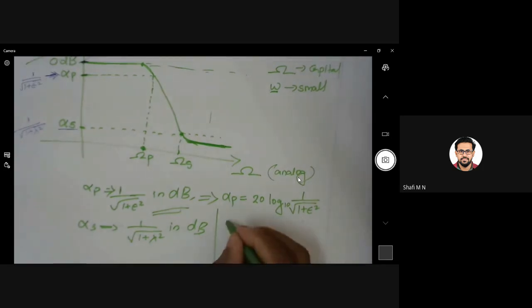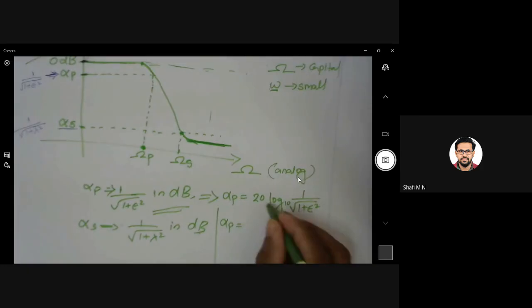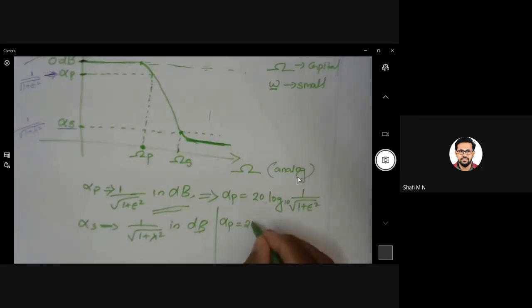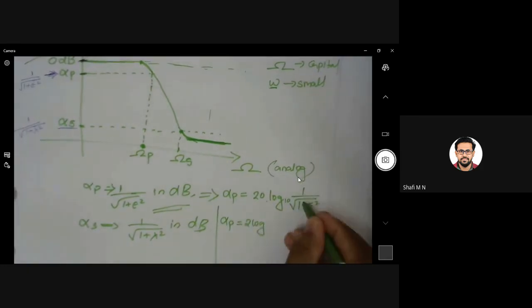You can write alpha P is equal to 20 log 1 by root of 1 plus epsilon square. Log A by B is log A minus log B. So 20 log 1 minus 20 log root of 1 plus epsilon square.